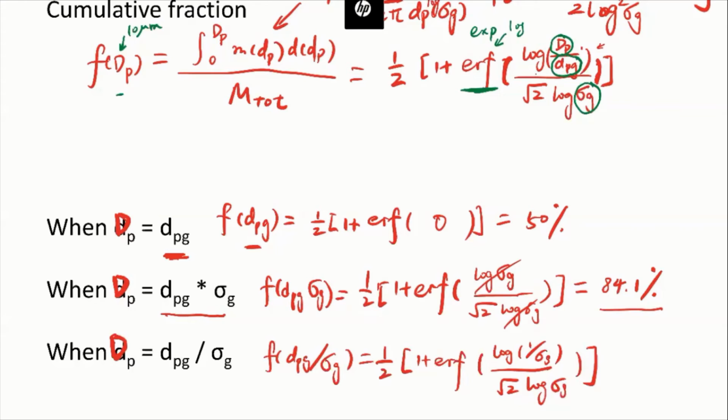We know that the log of 1 over something is just the negative of that term, so we have negative log sigma g. Again, these two will cancel out, and we just have 1 plus the error function of negative 1 over the square root of 2. This is going to have a value of 15.9%.